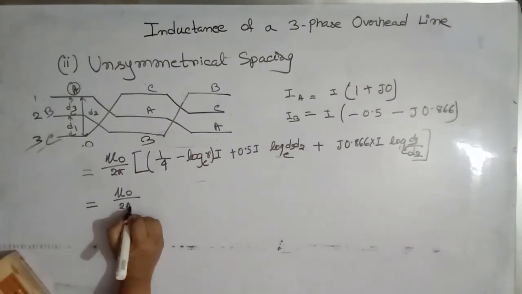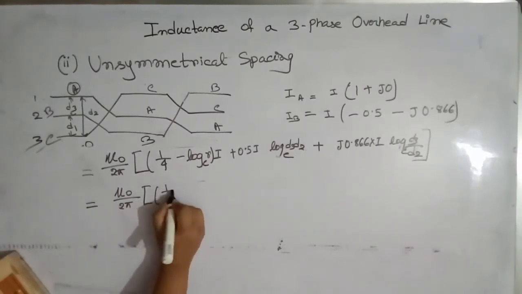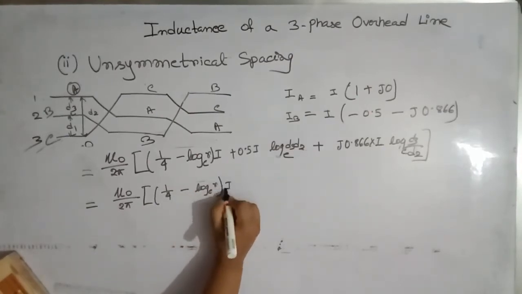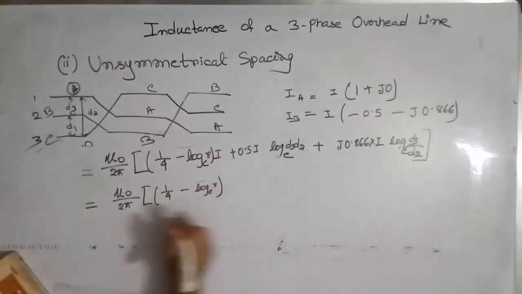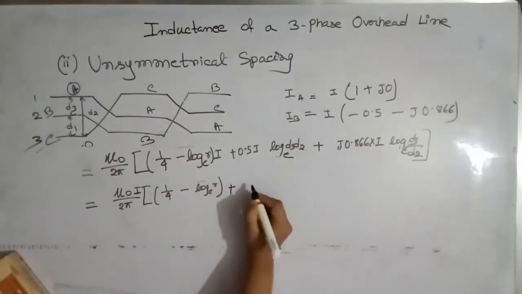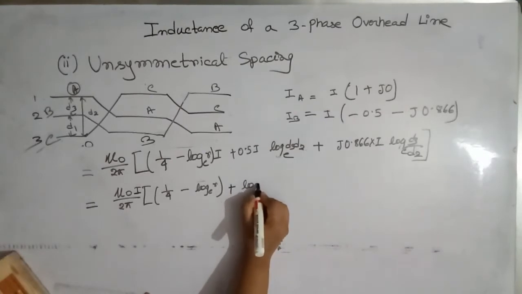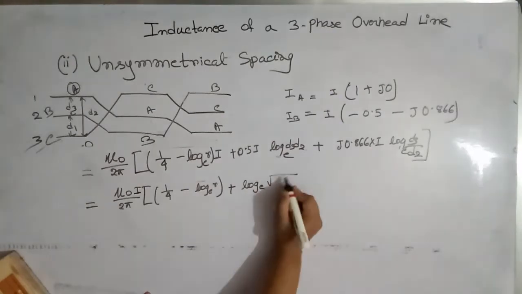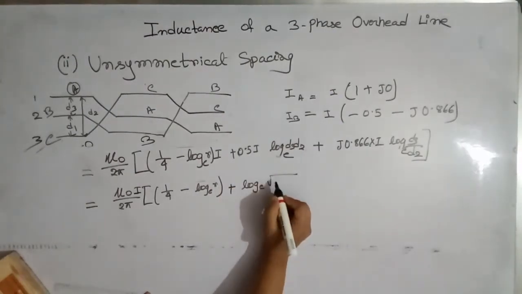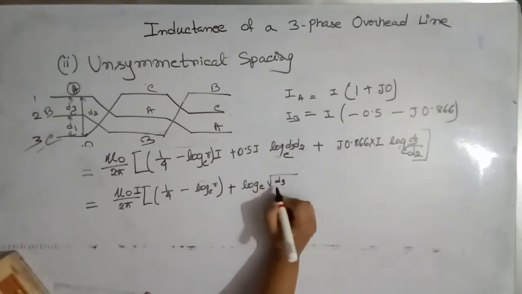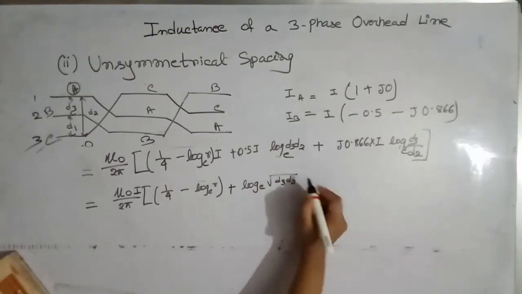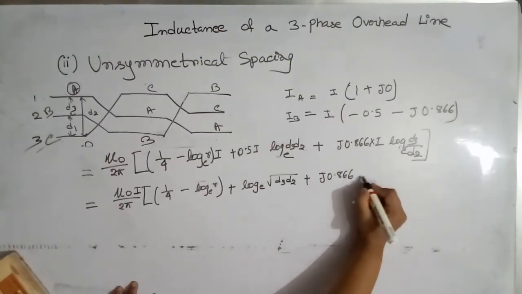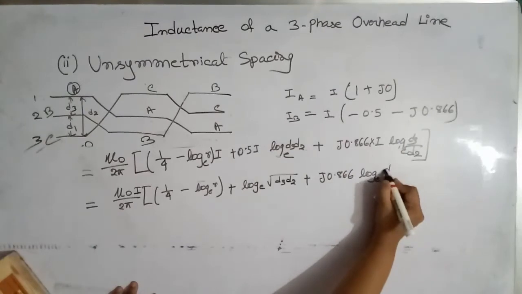Mu 0 by 2 pi, 1 by 4 minus log e R into I. Now taking I common, so 0.5 means 1 by 2, so we can write log e root over D3 D2 plus j 0.866 log D3 by D2.